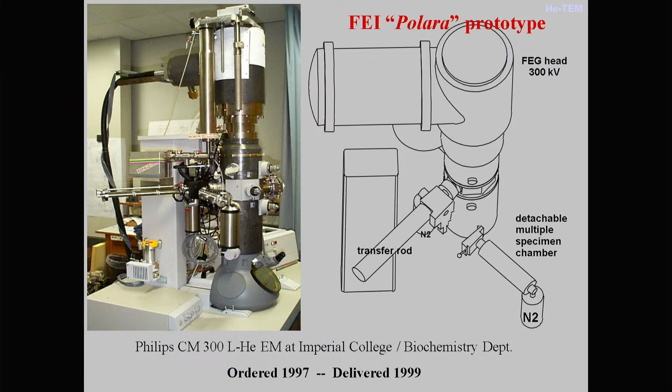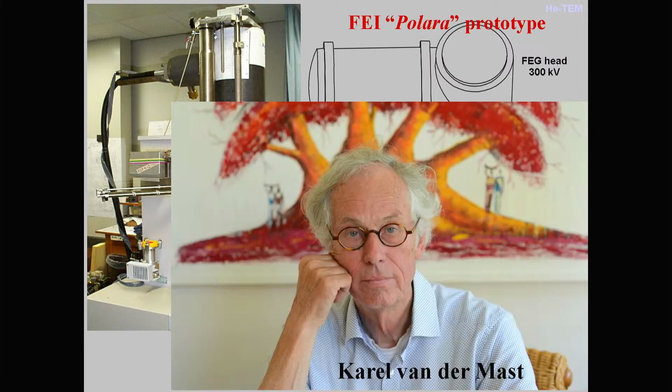And I ordered what was the first Polara prototype, and we had a meeting in Heidelberg with a few people, including Richard Henderson, and a very important person in this story was Karel van der Mast. Karel van der Mast was the head of development in Philips and then FEI at the time, and then he went into silicon production, a lot more money there.